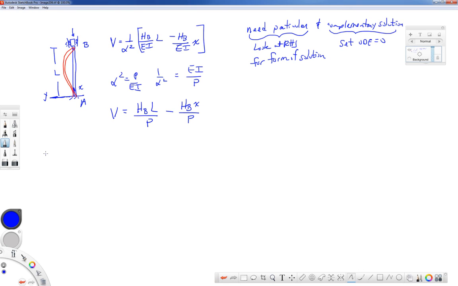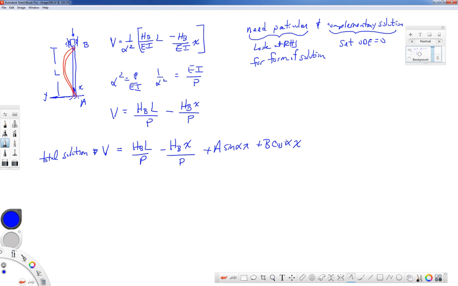So the total solution is equal to HB L over P, the particular, and we got the HB X over P plus A sine alpha X plus B cosine alpha X. Now, just as we did before, we can apply our boundary conditions.